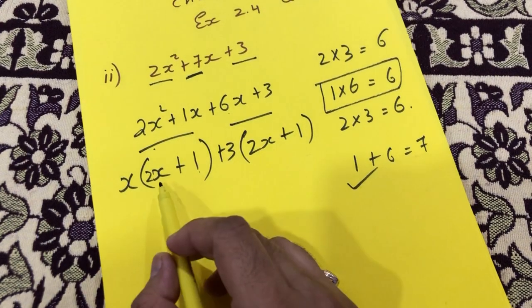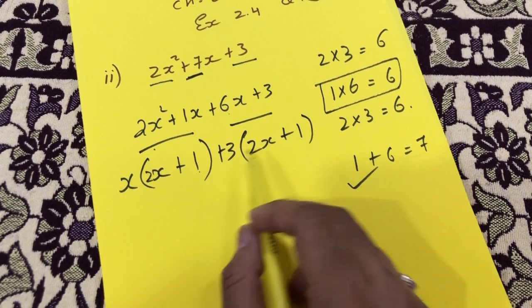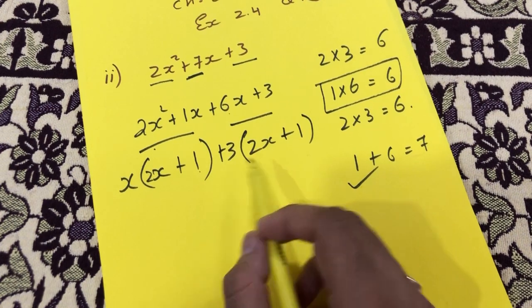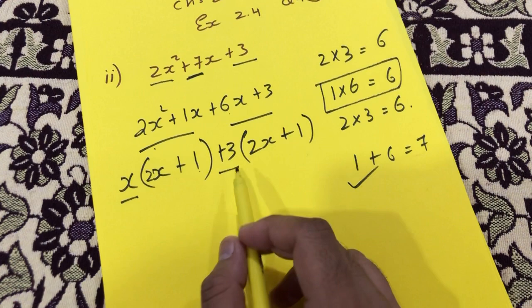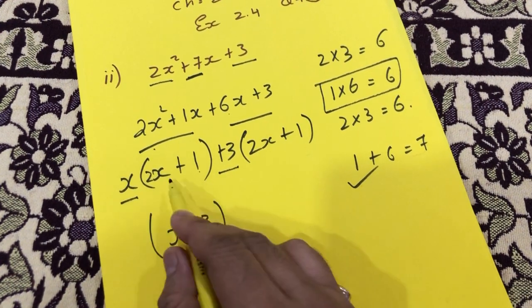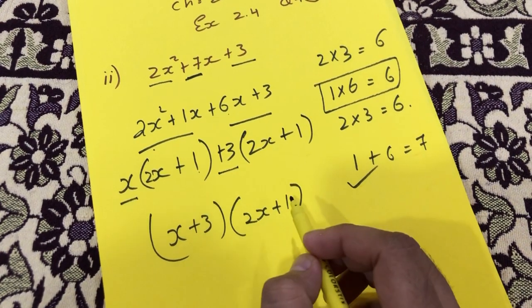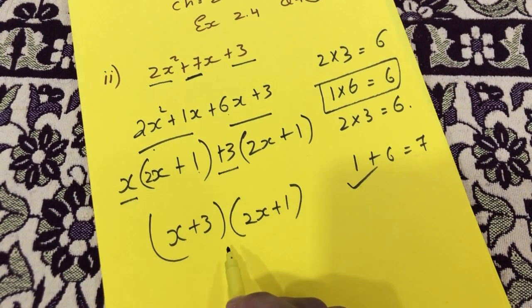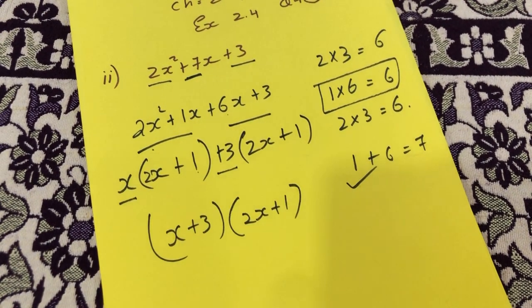See, here 2x plus 1 and 2x plus 1, the same bracket is coming out, so our common is right. We will first join these two numbers, x plus 3, and this common bracket we will write only one time. So this is our factor for 2x square plus 7x plus 3.